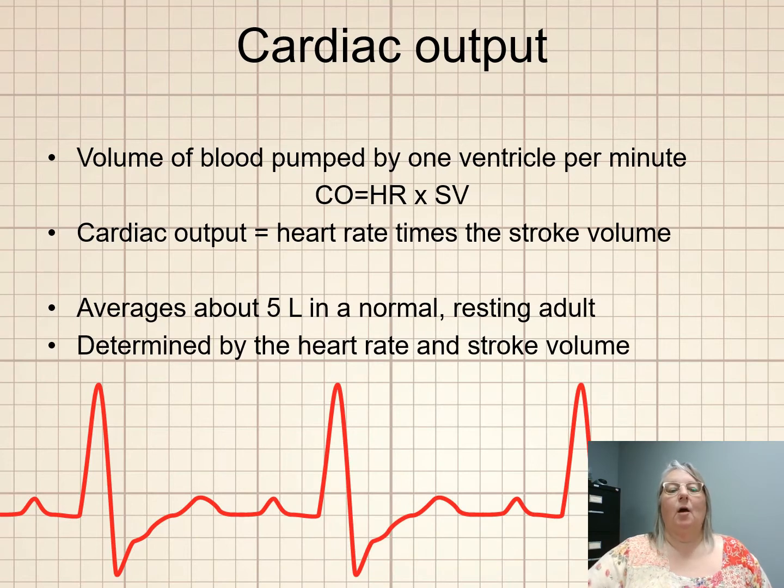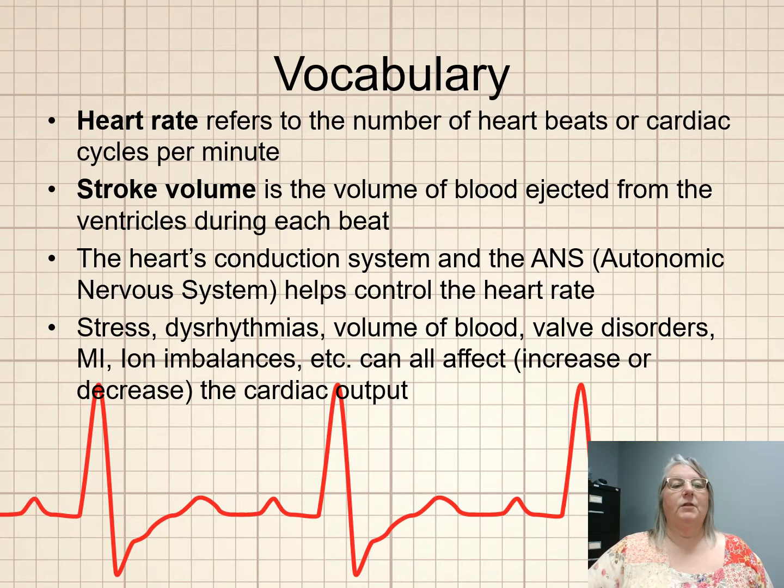So cardiac output, how do we determine cardiac output? Well, it's the volume of the blood pumped by one ventricle per minute. So we would want to know what the heart rate is and how much volume each stroke put out. What are some things that would affect a heart rate or a stroke volume?